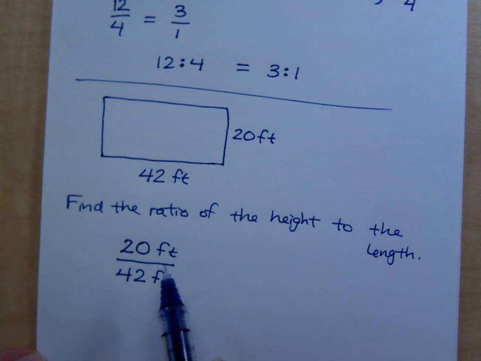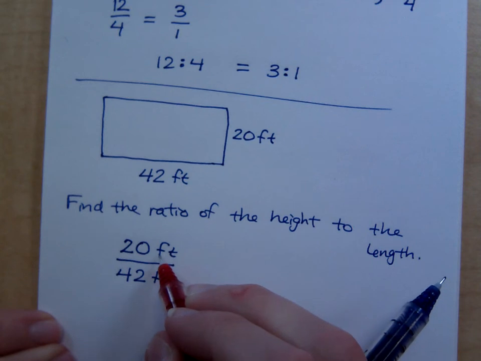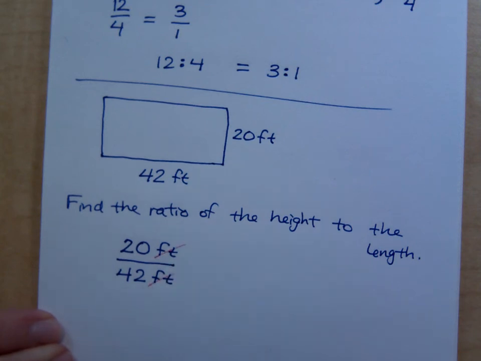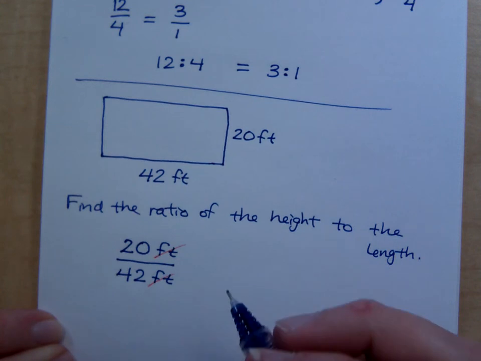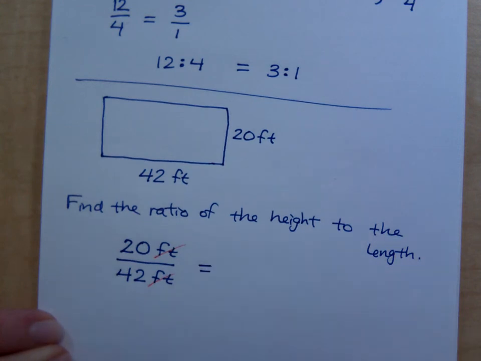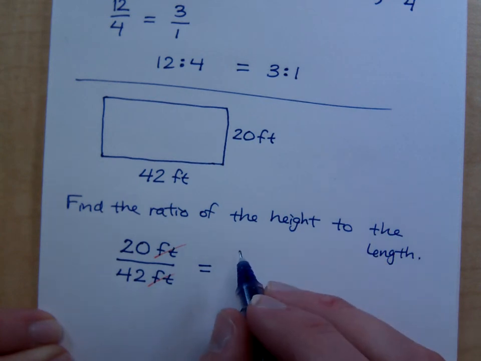Now notice that we have feet to feet, right? So as long as the units are the same, we can easily reduce this and make a nice ratio. And here's one of the neat things. You can reduce these feet as though they were common factors. So 20 feet to 42 feet would then reduce to the fraction, what? How do you reduce this? By the common factor of 2, right? So reduce these by 2, what do you get?